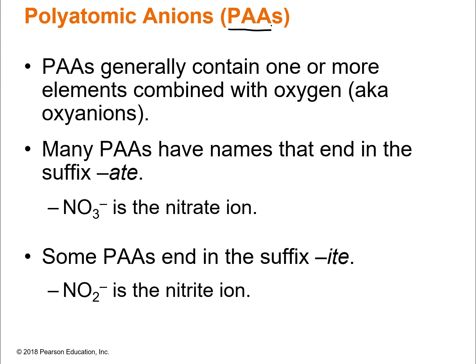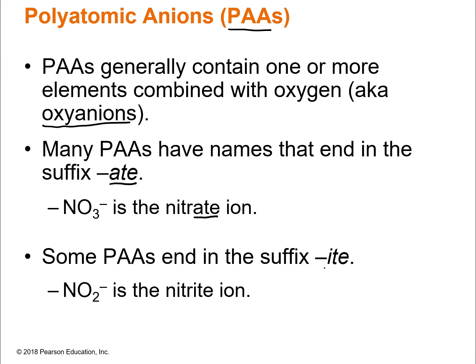They're not all combined with oxygen. The ones that are called oxyanions. Many of these anions have a name that ends in ATE. One example would be the nitrate ion. Notice it ends in ATE.